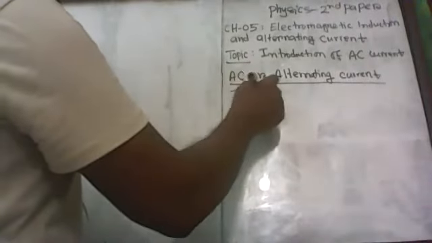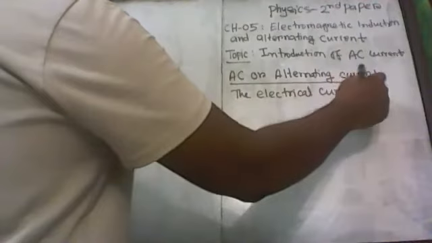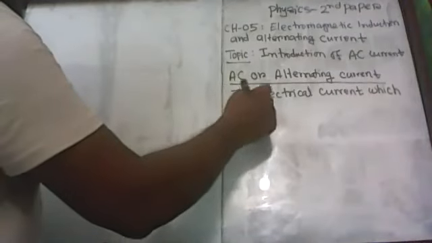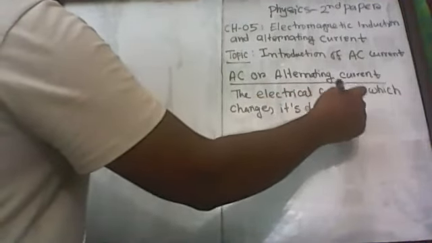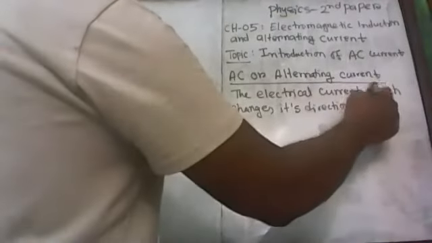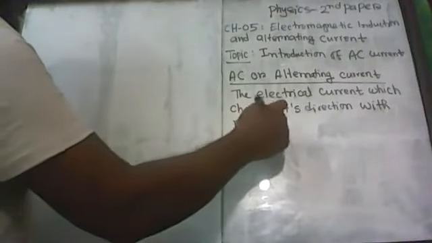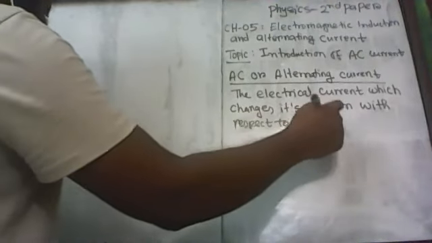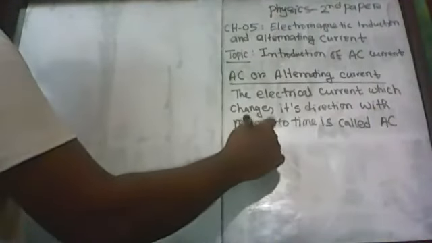So I can say that the electric current which changes its direction with respect to time is called AC current or alternating current.